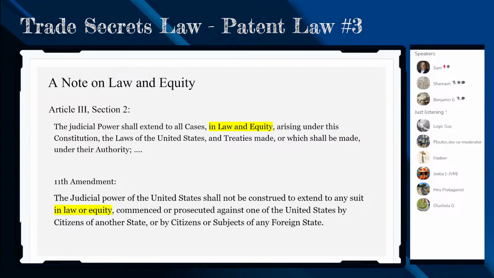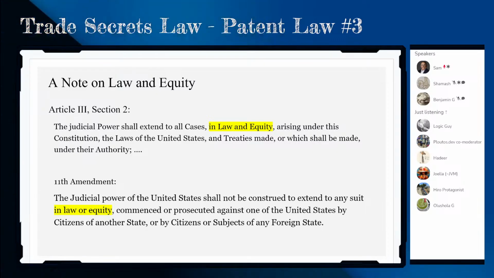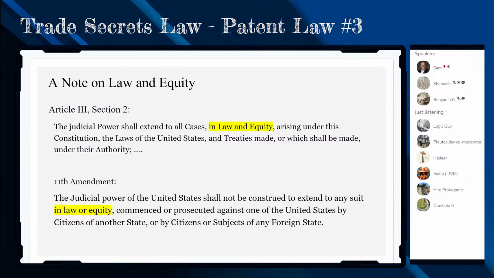If you have ever read the U.S. Constitution, you see law and equity appear in 2 different places. One is Article 3, Section 2. Article 3 deals with the judicial branch, with the courts. Section 1 says you have one Supreme Court and it has one Chief Justice of the United States. That's the extent of federal judiciary in the Constitution.